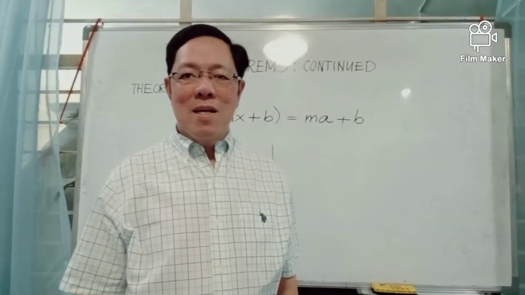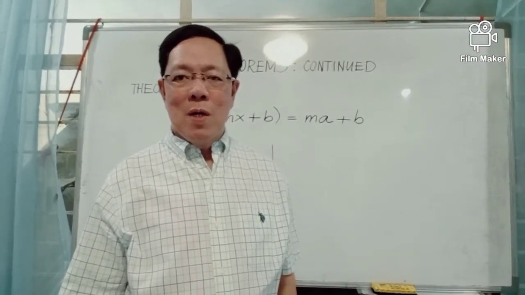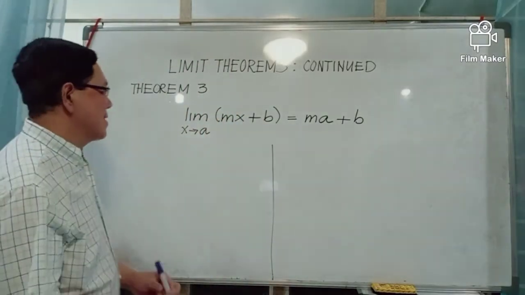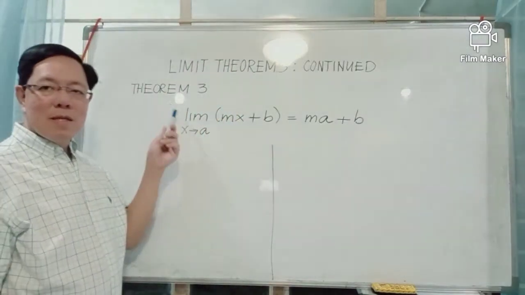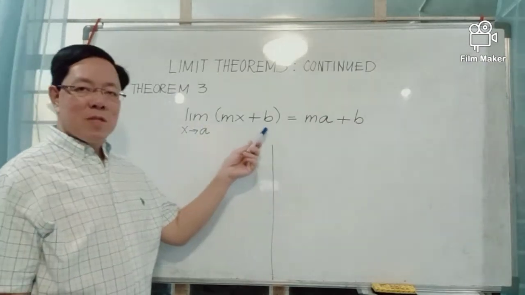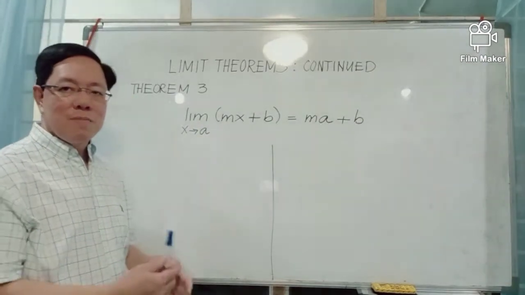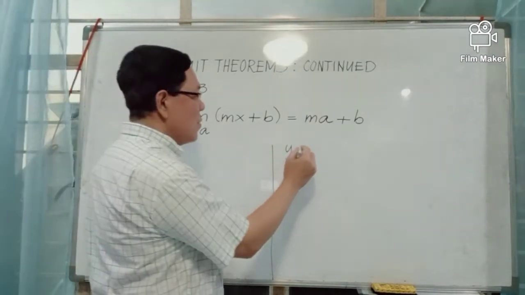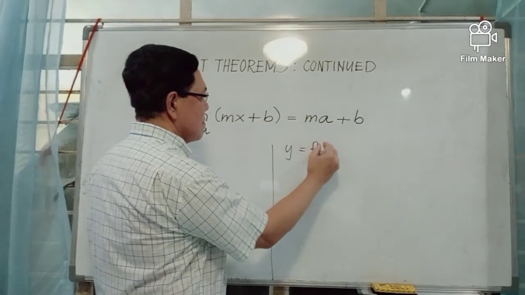We now take the third limit theorem for some specific function. This theorem says that the limit of mx plus b, this is now our function. In our function notation, y equals f of x.